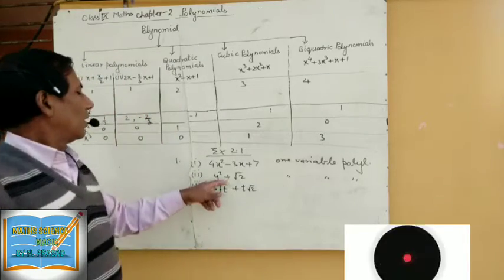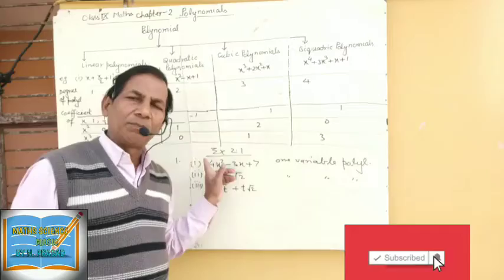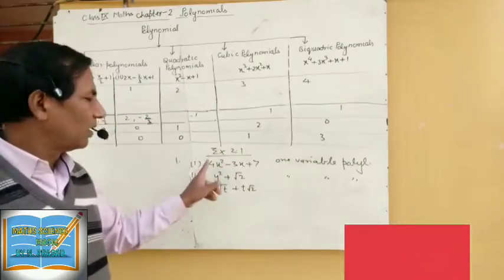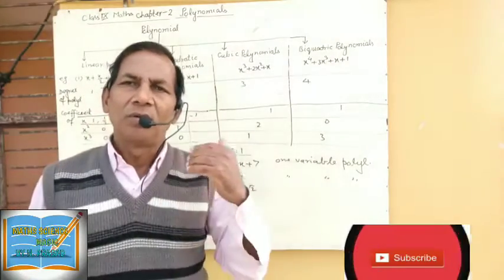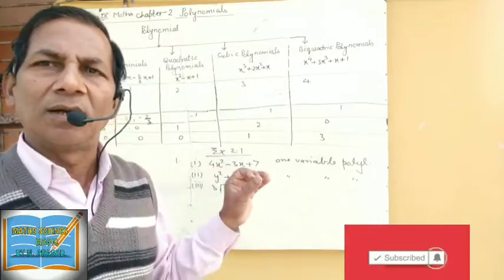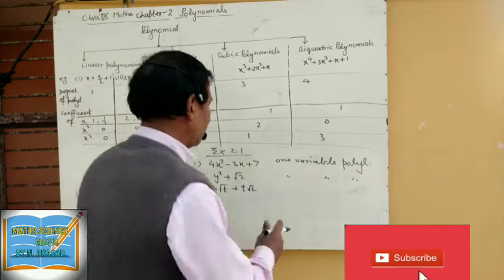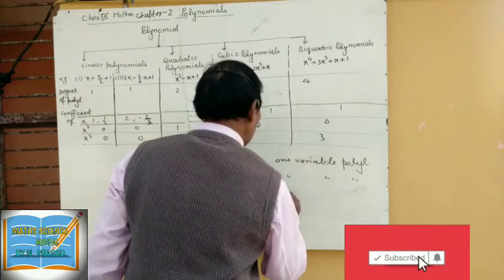Students, listen, a constant may be in a root, no problem, it will be a polynomial. But if the variable is given in a root, whose square root is not a whole number, that's why it is not a polynomial. You will write here, not a polynomial.